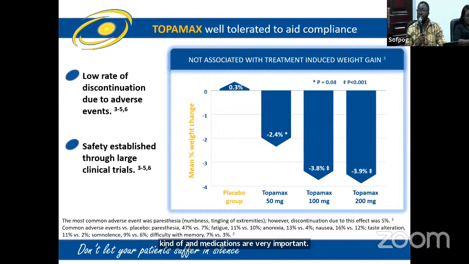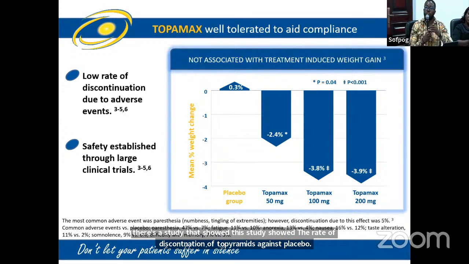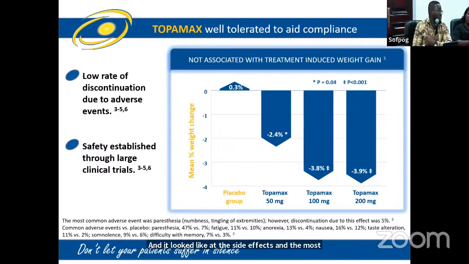So there's a study that showed the rate of discontinuation of topiramate against placebo, looking at the side effects. The most common side effect of Topamax is paresthesia. That is the numbness and tingling of the extremities. However, the discontinuation due to these effects was about 5% total.